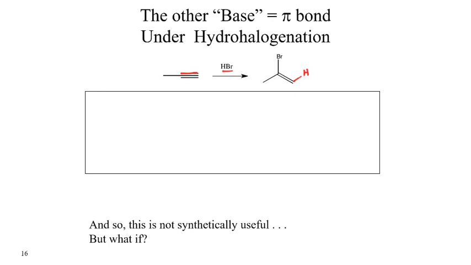Let's attempt a mechanism. So the first step is that we share the electrons between our alkyne and our acid. The result would be that we would still have that pi bond because we didn't touch it. We've put that hydrogen on. We'll show that as a red hydrogen, and then we'll show the black hydrogen that was already there, and then we would form a carbocation.